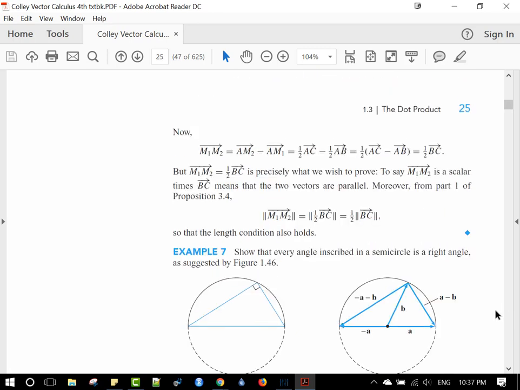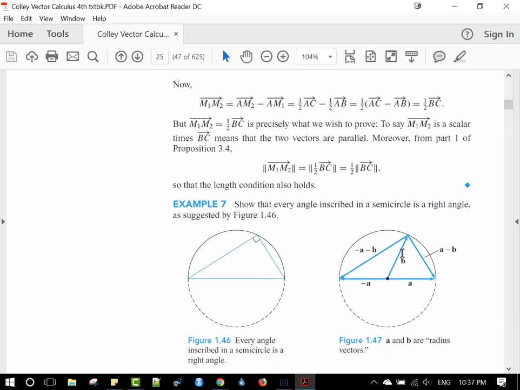And one more. When you do this with vectors, supposedly it's easy to show these things. Show that every angle inscribed in a semicircle is a right angle. So if you do it up here, you do it up here, it's going to be a right angle.